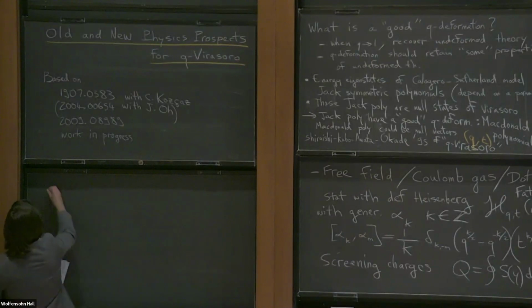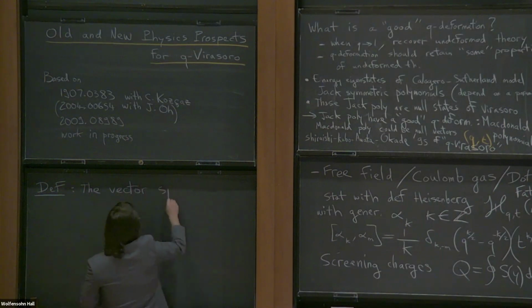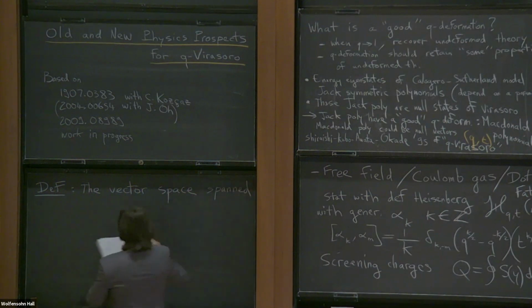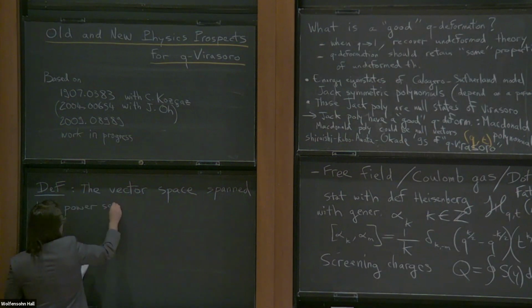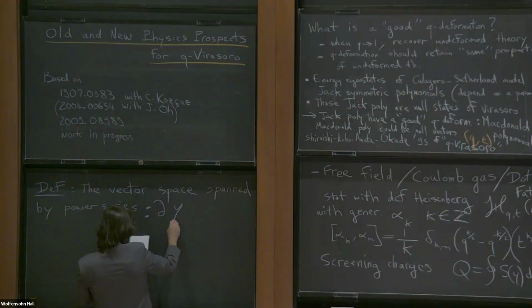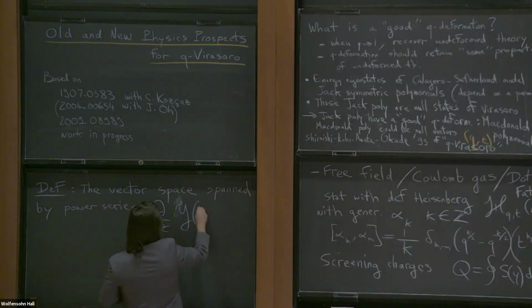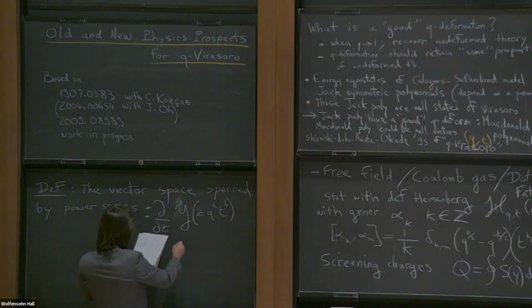So, a mathematical definition: the vector space spanned by formal power series of the form derivatives of these Y operators with respect to z, with some shifts possibly by these two parameters I put in, A and B are integers, and some arbitrary derivative.